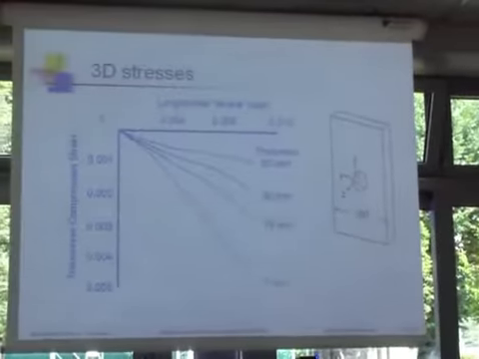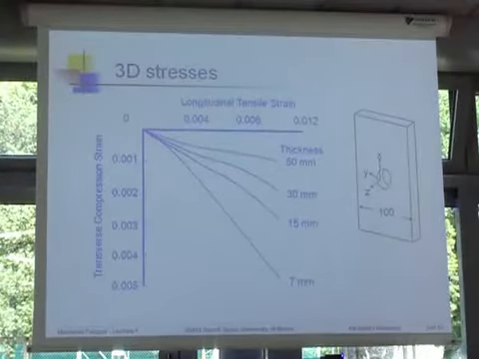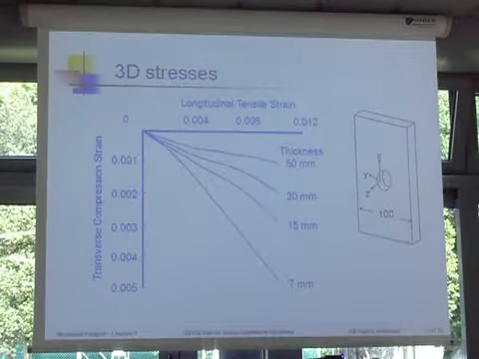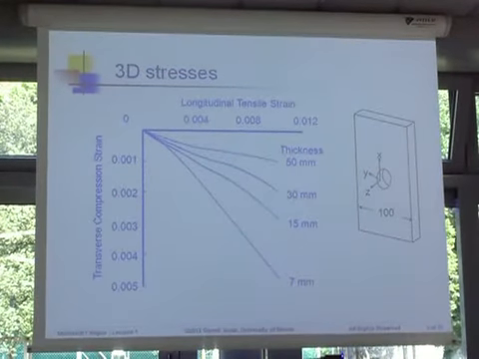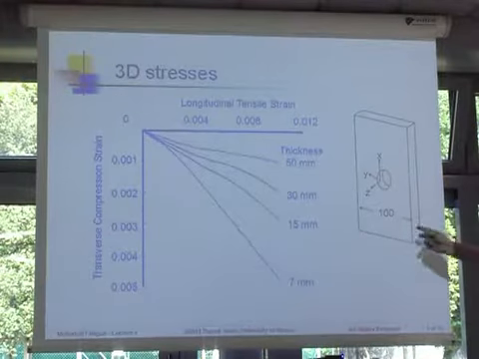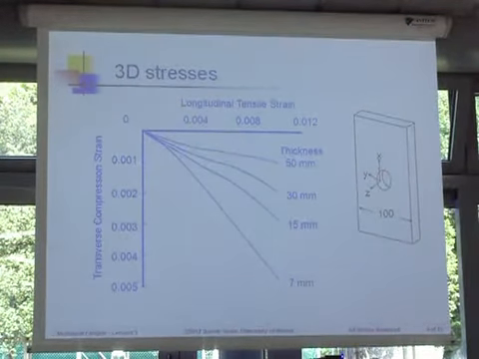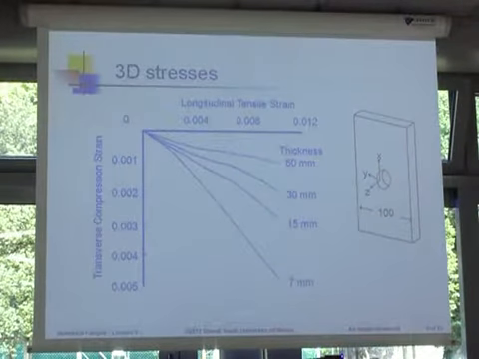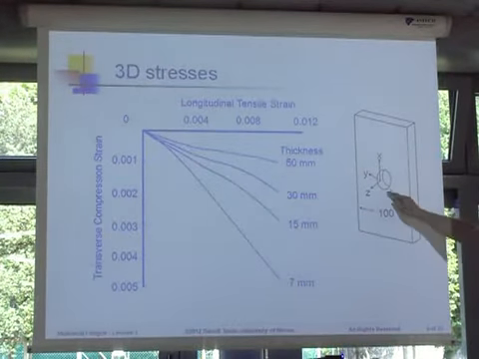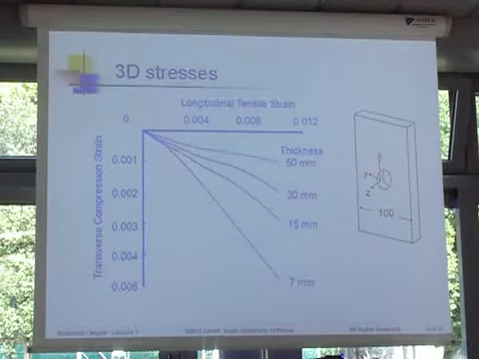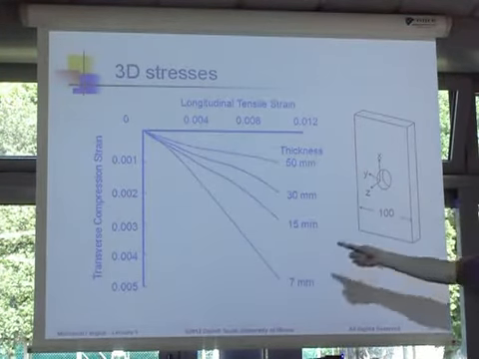Okay, there's another problem where multiaxial fatigue is important, and that's where you get the complex state of stress. So I just take a bar like this, a plate, 100 millimeters wide, and I put a 25 millimeter hole in the center of this plate, and then I measure the strains.